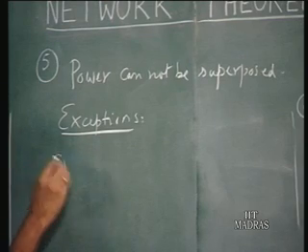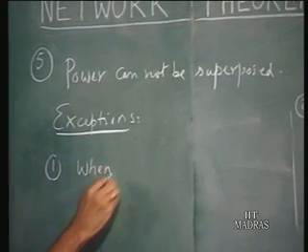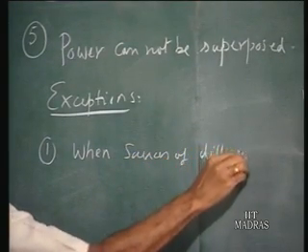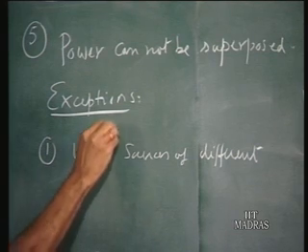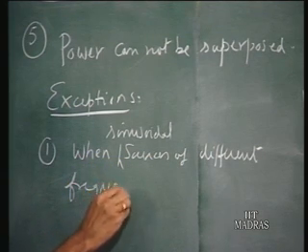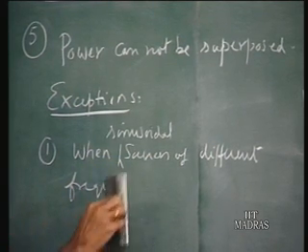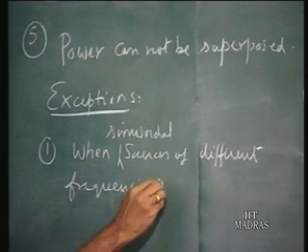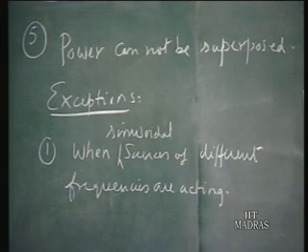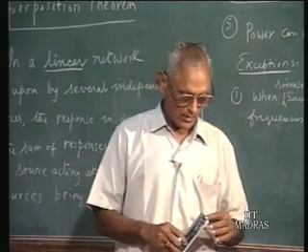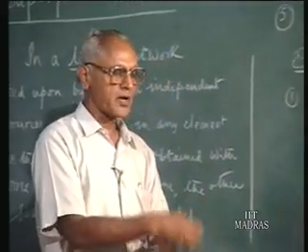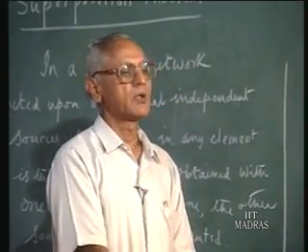Exceptions are: one, when sinusoidal sources of different frequencies are acting, in which case, as you have seen when we talked about the calculation of power in the Fourier series, the cross product of two different frequency terms will have a zero average.